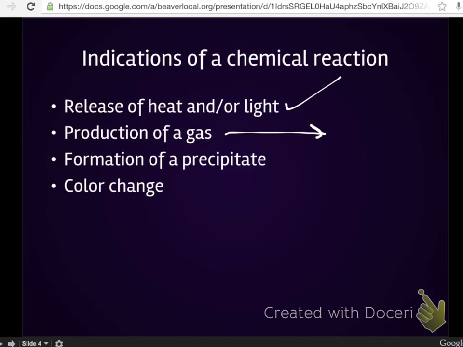How do you know that something is producing a gas? Bubbles. Tiny bubbles. So when you have a gas that suddenly develops inside a liquid, that gas comes out in the form of bubbles. So when something starts to bubble, a reaction is occurring.